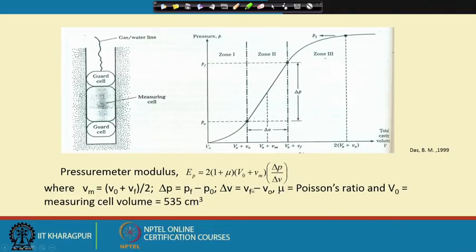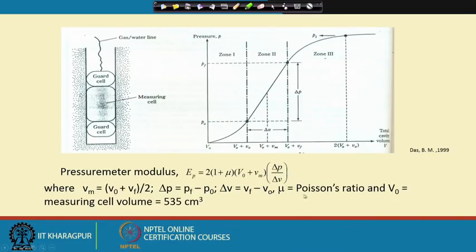Vm is the average volume of the initial and final, that is, V0 plus Vf divided by 2. Delta P is the difference of pressure, that is Pf minus P0, and delta V is the difference of the volume, that is Vf minus V0.